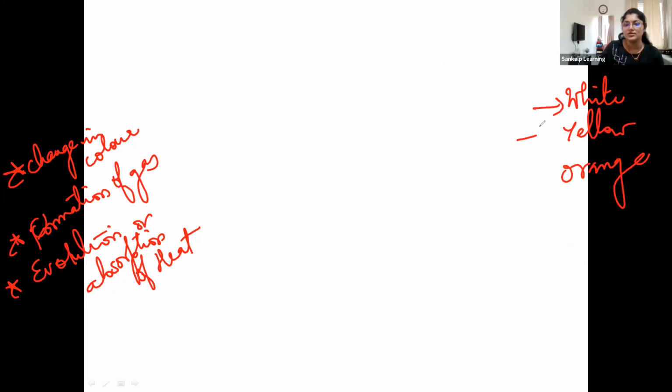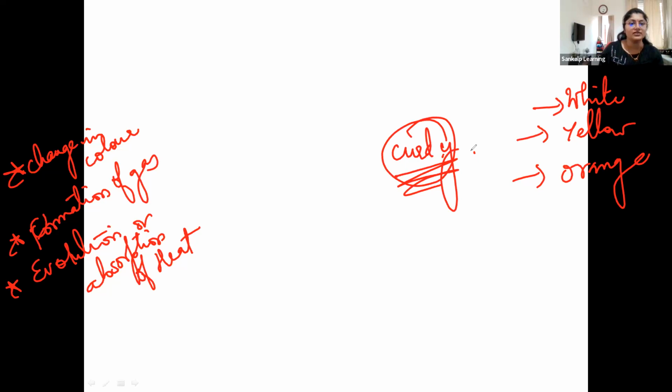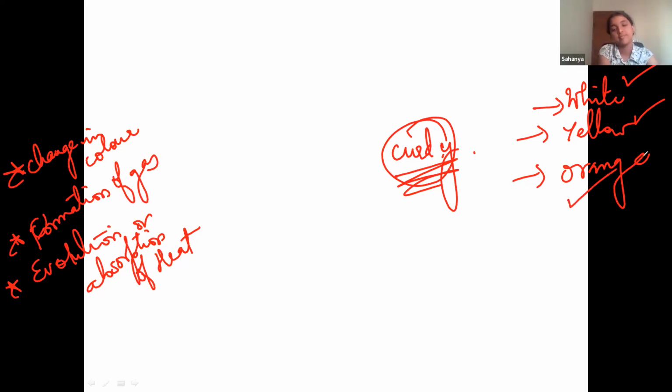These are the colors of the precipitate, meaning how the curd will be white, in the form of curd. Yellow curd, just give a yellow color to the curd and see how it looks. Give a slight yellow-orange color to the curd. So these are precipitates.